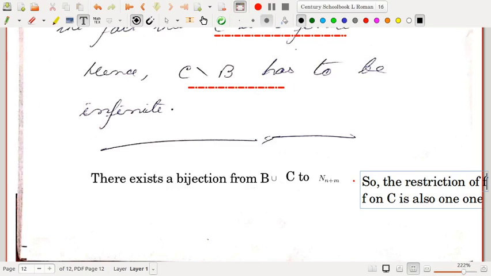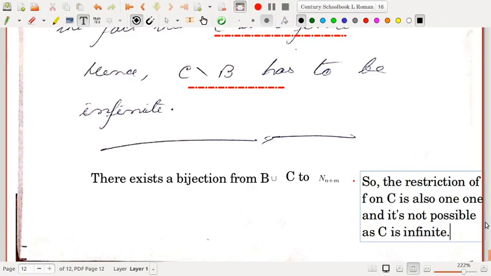And so it is not possible, as C is infinite. So that will justify our reasoning.